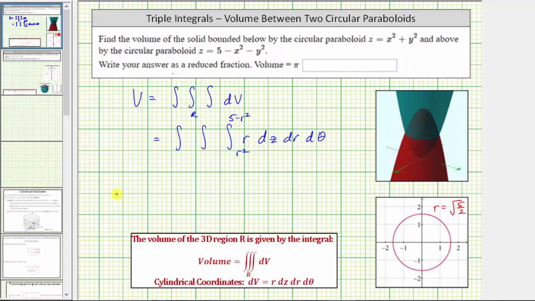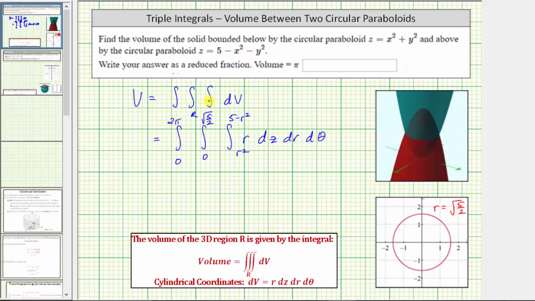And now for the limits of integration for r and theta, we will use the intersection of the two paraboloids projected onto the xy plane, which is this circle here. The limits of integration for r are going to be from 0 to the square root of 5 halves. The limits of integration for theta are going to be all the way around the circle, which is from 0 to 2 pi.